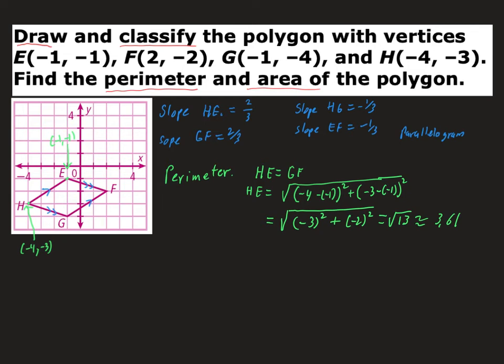Okay, so then we want to find EF. So EF is equal to HG because it is a parallelogram, and EF will equal, let's see, so this is 2, -2.